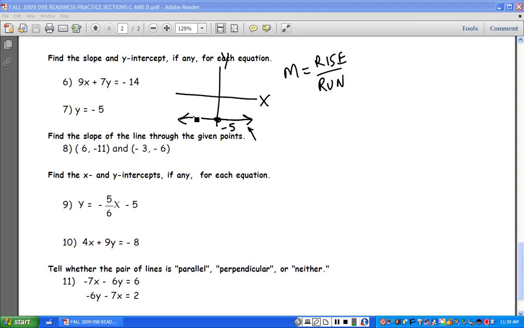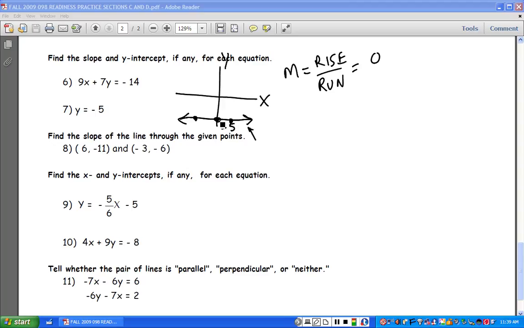Can I rise up or fall down from this point and still be on this line? And the answer is no. I don't care what point on this line you pick. If you went up, you're off the line. If you went down, you're off the line. So when it comes to rise, you can't get anything. So that's 0.